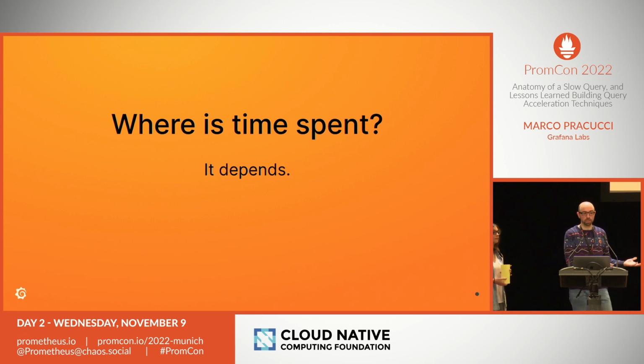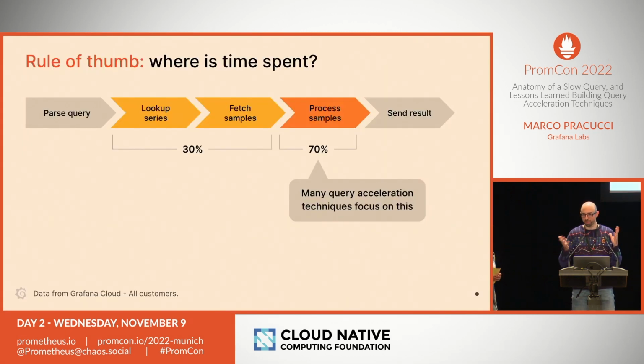It also depends on the system you use. In Prometheus, all your historical data is stored on a local disk. If you run Grafana Mimir or Thanos, typically your historical data is stored in object storage, like AWS S3, which has a different latency compared to the local disk. But what we see at Grafana Labs, running Mimir across all our customers, is that roughly 30% of the time is spent finding the series matching your label matchers and fetching the samples.